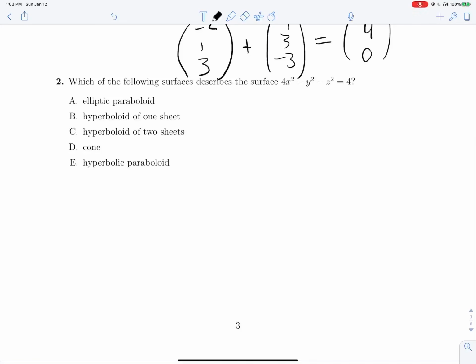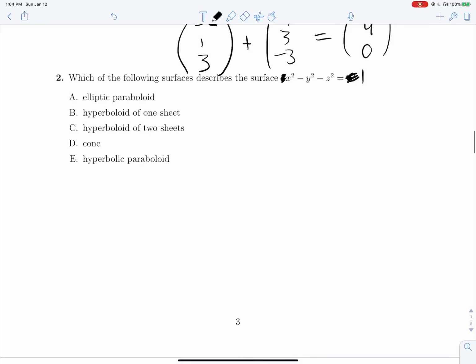We're trying to identify what kind of quadratic surface this is, and we can remember that whenever we're trying to identify one of these surfaces, the only thing that matters is what terms are squared and what terms are positive and negative. It doesn't matter the coefficients. So we can get rid of this 4 and just turn this into a 1, and we will have the same thing going on.